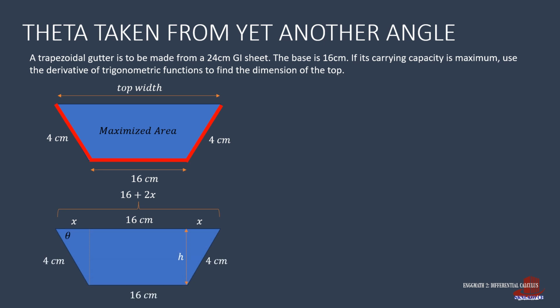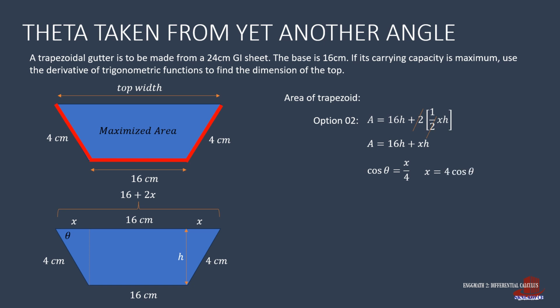Theta can also be placed somewhere on the other vertex of the triangle, and by using the area of the trapezoid, correlate dimensions by taking cosine of theta, which is then the adjacent side x over the hypotenuse of 4 cm. So x is 4 cosine of theta. The sine of theta is also the opposite side h over the hypotenuse of 4, giving h as 4 sine of theta.